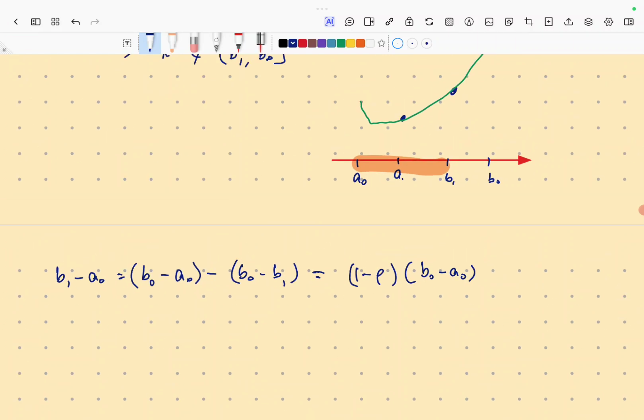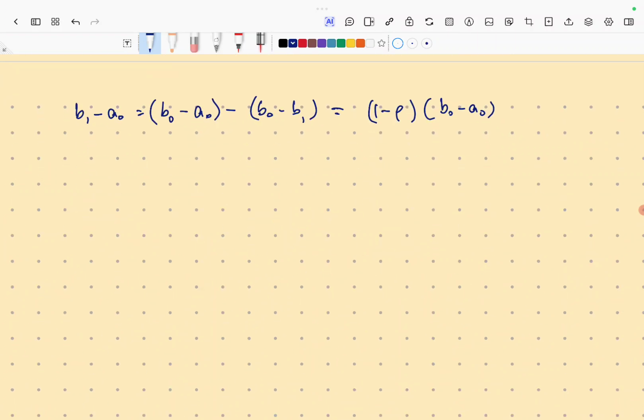So what I'll do is, instead of choosing A2, B2 arbitrarily, I'll choose... so I want to reduce the number of oracle accesses.